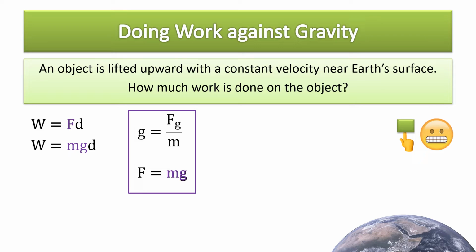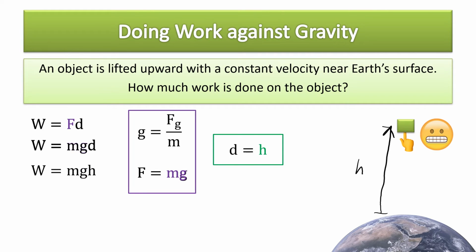Now this is probably going to be the easiest one. Yes, we moved it a distance, but if we're always talking about a planet's surface and we're talking about lifting it up, you could say height instead of distance. So we'll use the distance is equal to height in this case, and we'll just switch out the d for the h. It's still the same thing. It's measured in meters, but they like to use h when talking about height instead of the distance up.